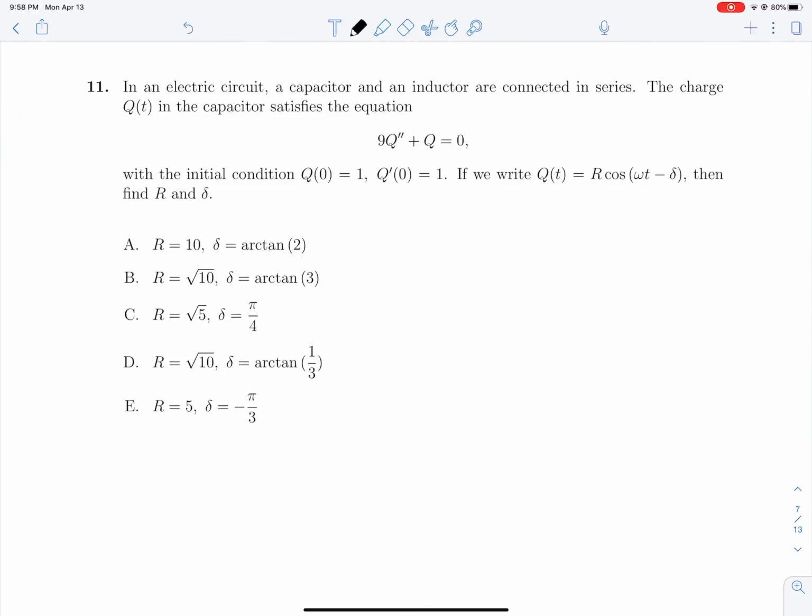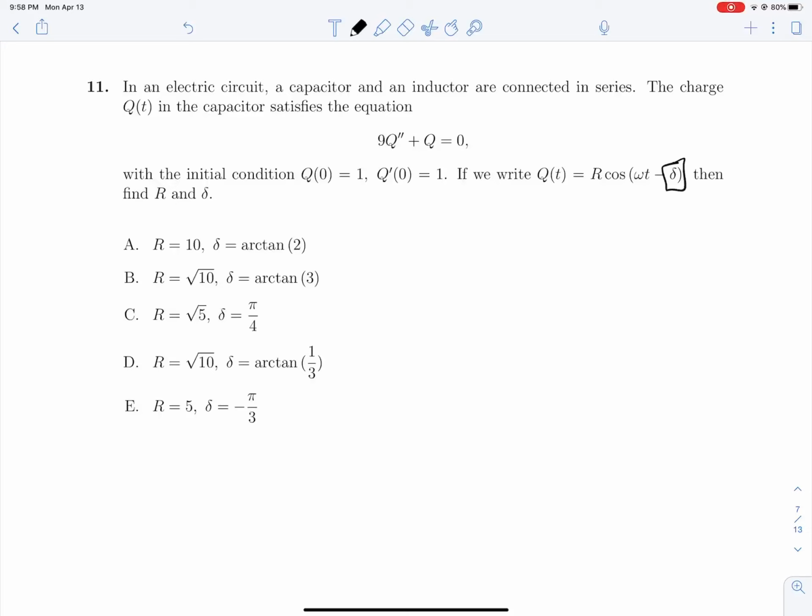11, we have an electric circuit with a capacitor and an inductor connected in series. The charge Q of t in the capacitor satisfies this second order homogeneous differential equation with some initial conditions. And we are just asked to find this, I think it's termed a phase angle in our syllabus, and R, which is really the magnitude of our oscillations.